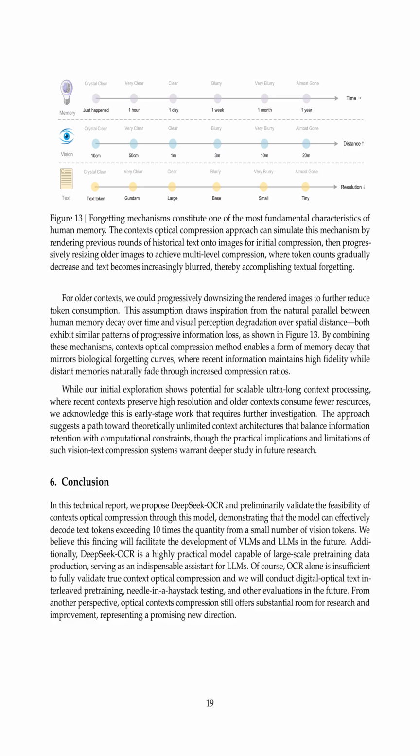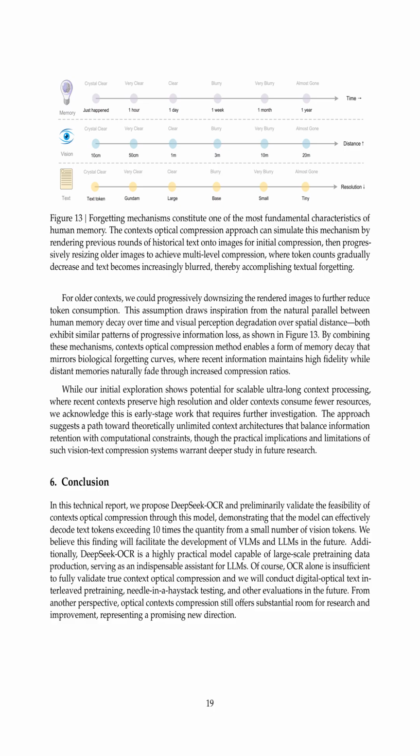Clear. 1 meter. 3 meters. 10 meters. 20 meters. Blurry. Very blurry. Almost gone. Resolution. Crystal clear. Gundam. Very clear. Clear. Large. Base. Small. Tiny. Blurry. Very blurry. Almost gone. Text token. Memory. Vision. Text.